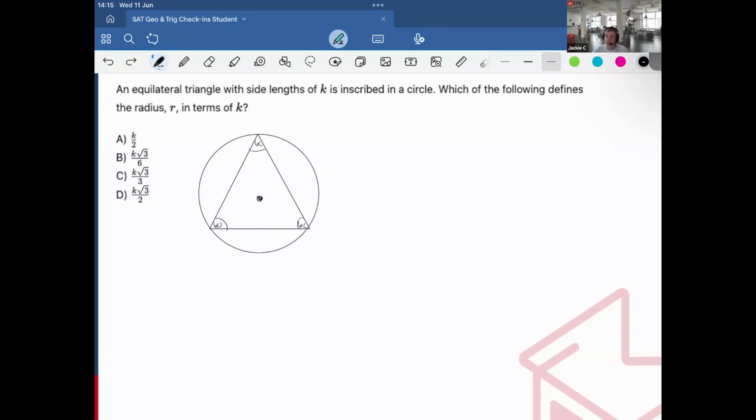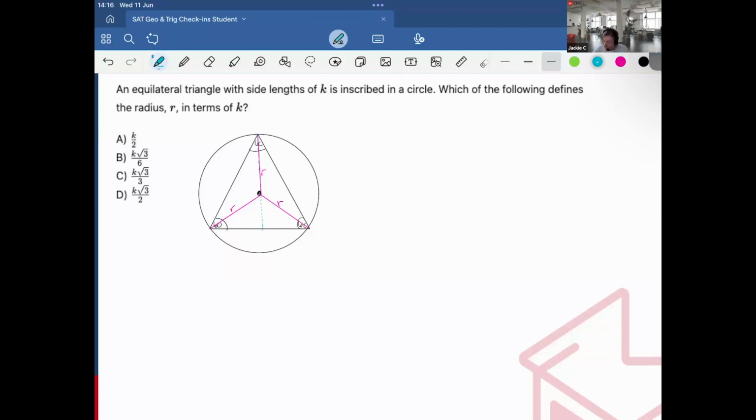So in order to properly get what the radius is, you have to know this fact, which is that the center and the radius extend to each of the vertices of the triangle. So this would be the radius, this would be the radius, and this would also be the radius. Okay, but this blue line here is not the radius.